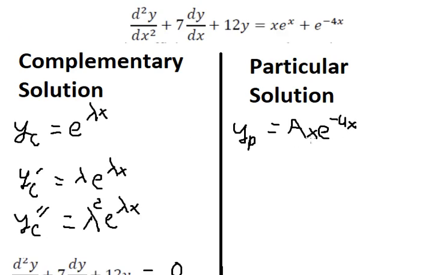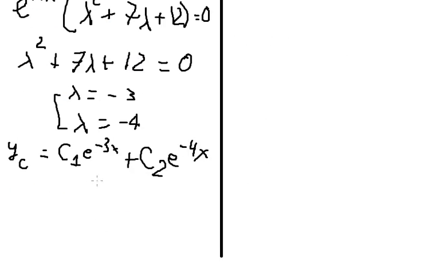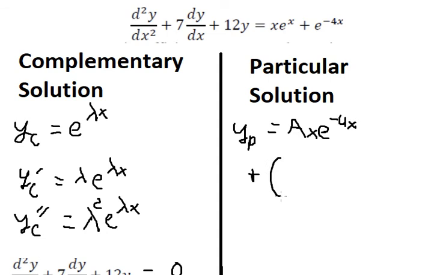Now we need to move another level for e to the power of negative 4s. That's why we have s in here. The next one, we have s e to the power of s. We don't have it in here, so we will put b plus cs, e to the power of s. And now we just finish setting up the particular solution.